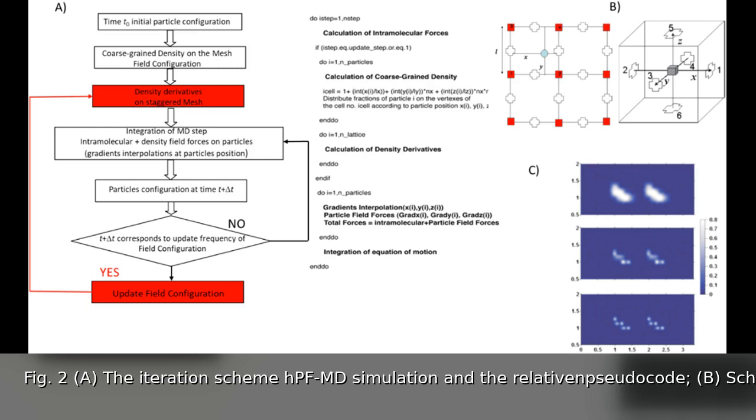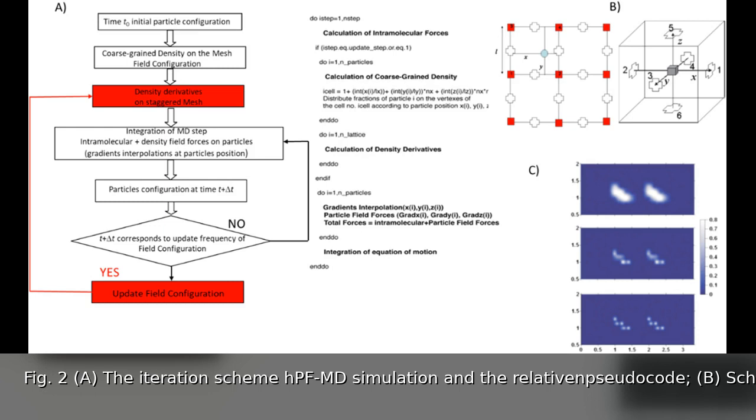Forces on particles arise from intramolecular interactions such as bonds, angles, and dihedrals, combined with density-dependent interactions derived from the external potential. The particles' equations of motion are integrated over a time step to produce updated configurations. After a preset density update interval, the particle positions are used to recalculate the coarse-grained density field values on a mesh, which in turn yield updated external potentials and forces.